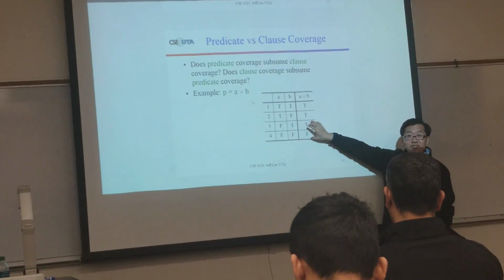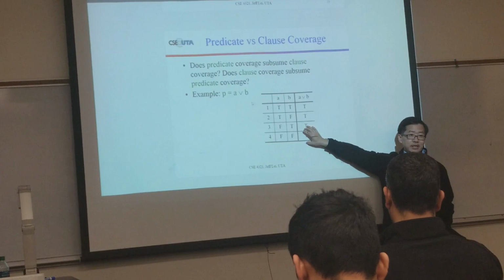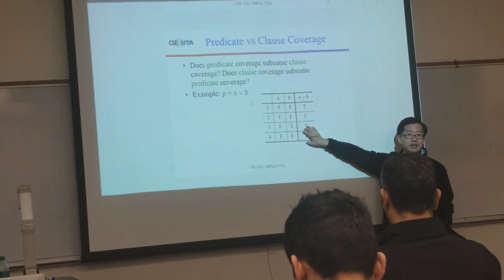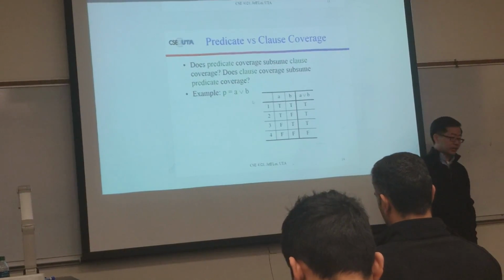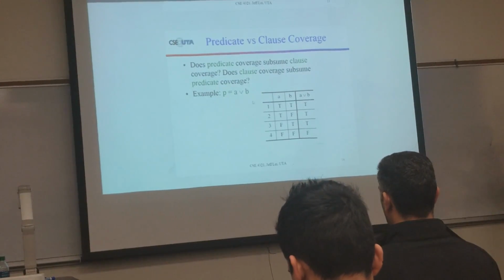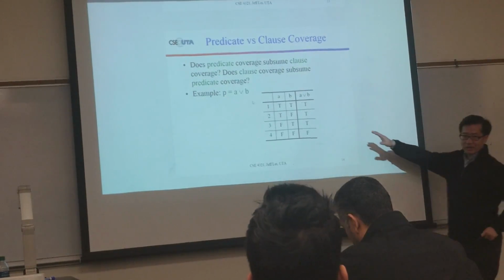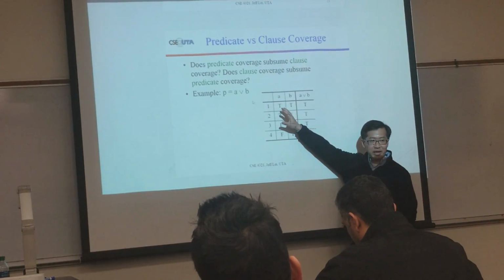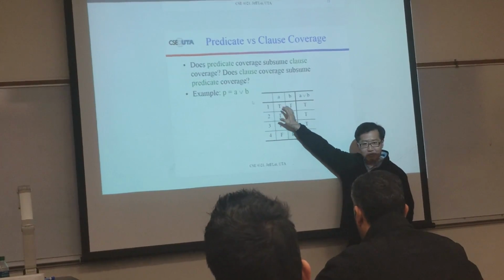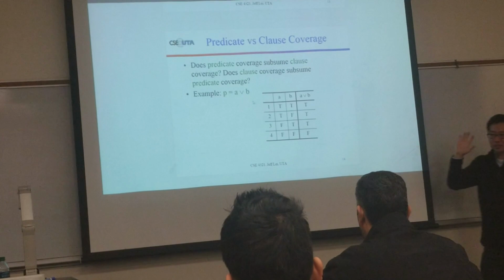From this exhaustive test set, can you find a subset that satisfies predicate coverage but not clause coverage? Are you familiar with this table structure? This is the truth table, right? I don't have to explain that.